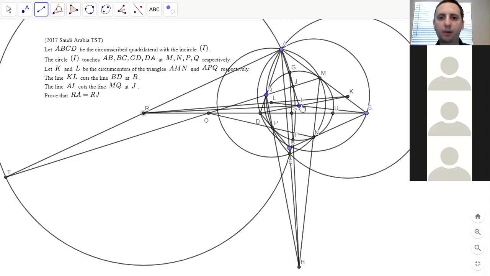I don't think so, because RI is perpendicular to FG, but AH isn't parallel to FG. So RI is perpendicular to FG. Yeah, RI is perpendicular to GH.